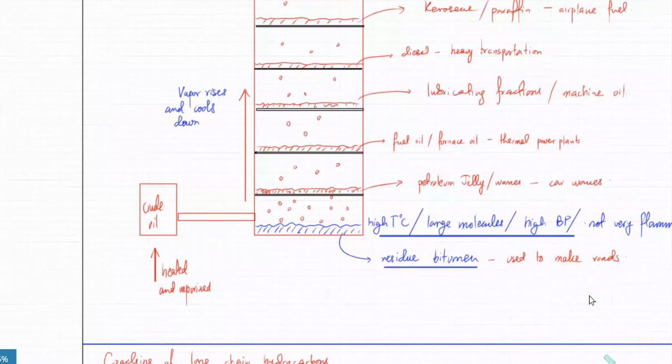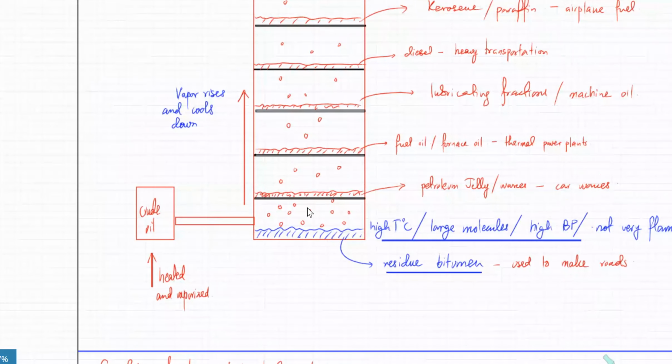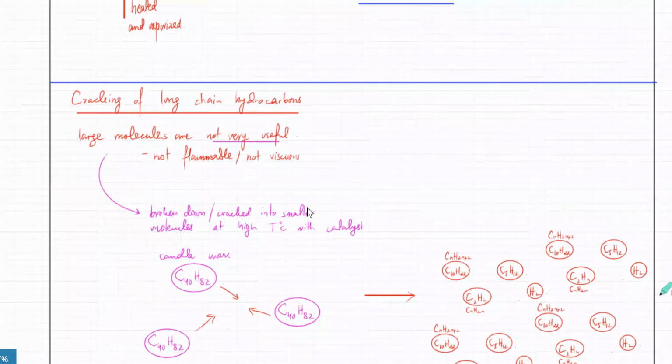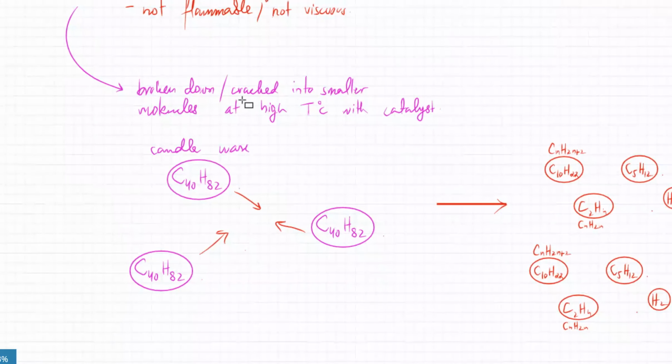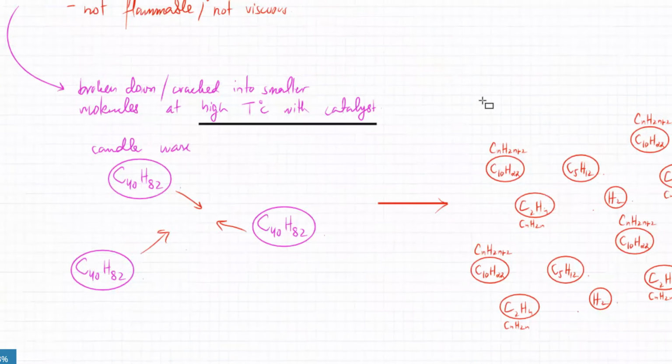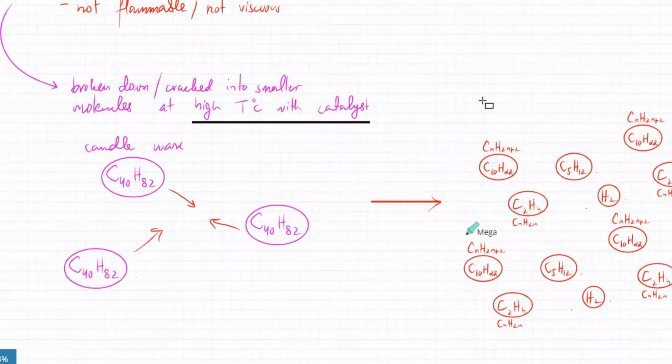Okay, these big molecules over here that you're obtaining from crude oil are not very useful, and these molecules are literally cracked or broken down into pieces at very high temperatures in the presence of a catalyst as well. The catalyst most of the time is Al2O3, which I'm going to write over here.